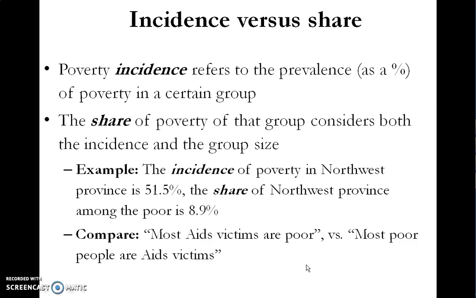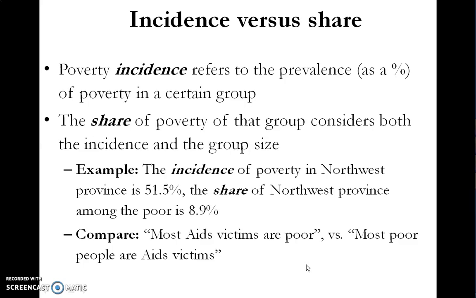When it comes to the share of poverty for a specific group, in this case the Northwest Province, the term specifically considers both the incidence as well as the group size. So the share of Northwest Province amongst the poor is 8.9%.